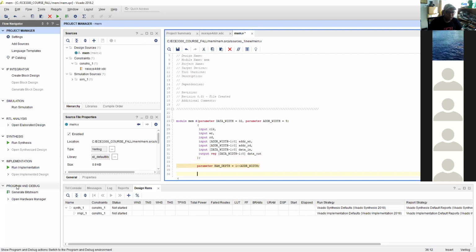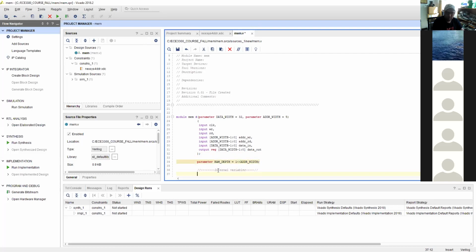So in that case, we have to go in what? Define internal variable. I'll fix this later.